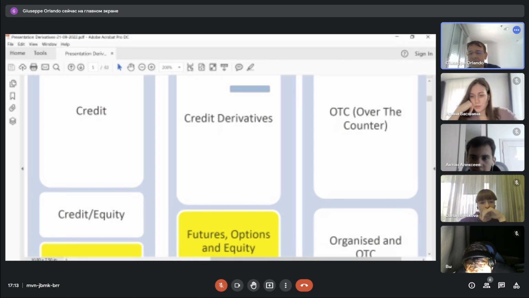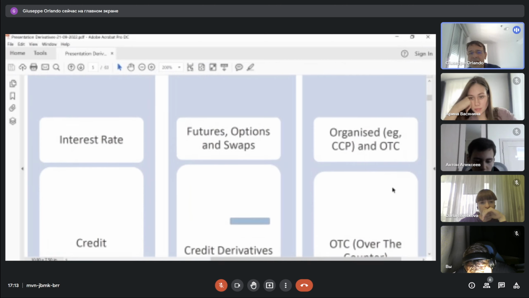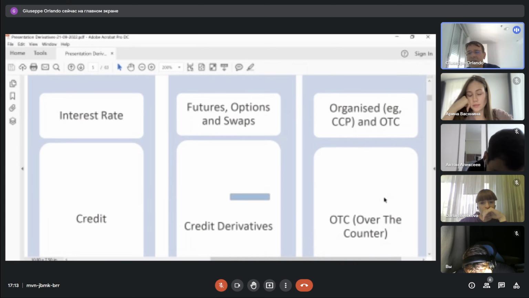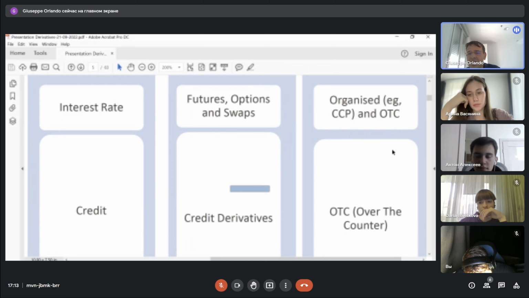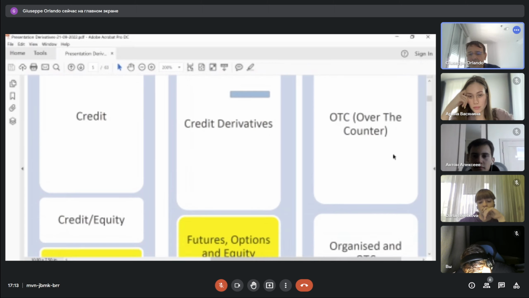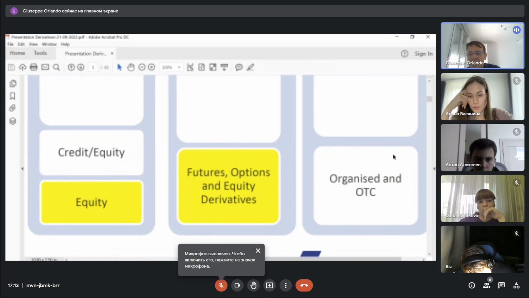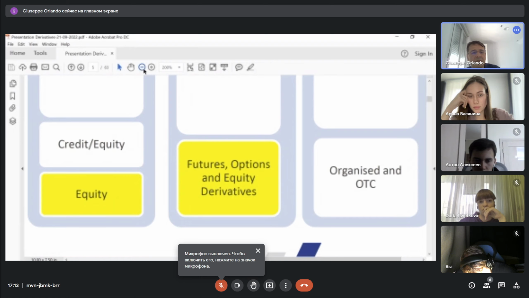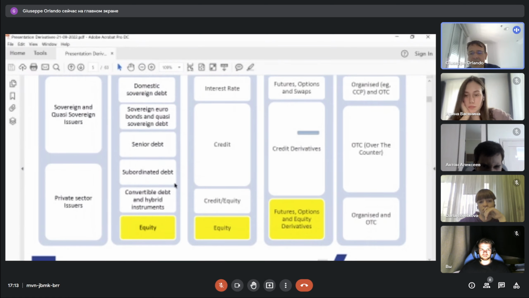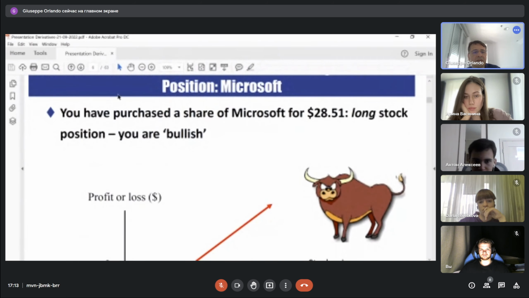And then the last one is about markets. We said that there are organized markets and there are over-the-counter markets. And we already mentioned the advantages and disadvantages.